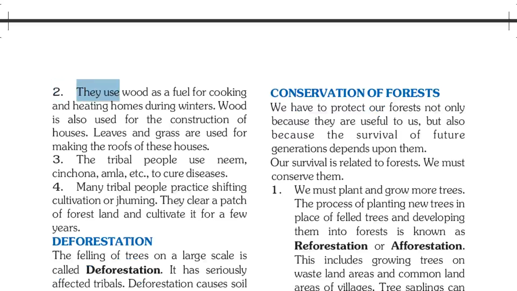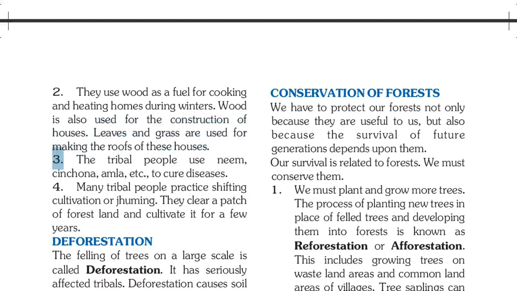They use wood as a fuel for cooking and heating homes during winters. Wood is also used for the construction of houses. Leaves and grass are used for making the roofs of these houses.